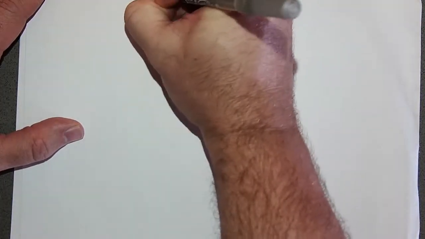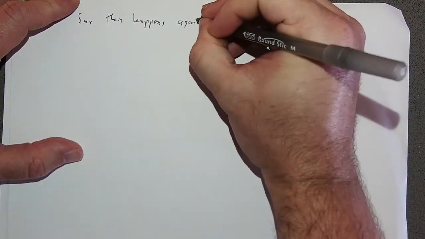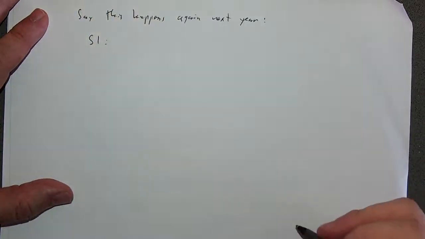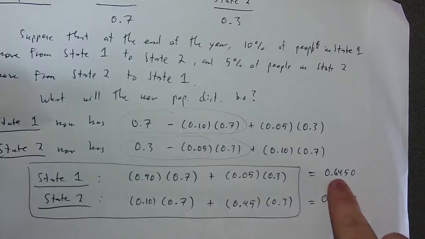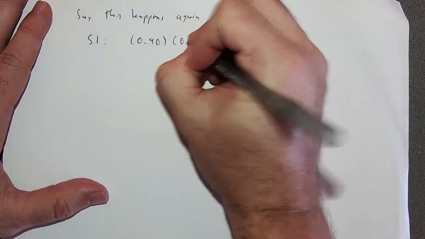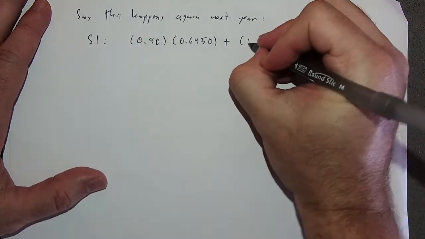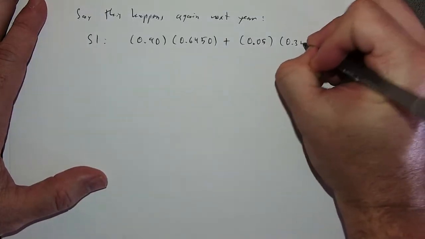So say this happens again next year in exactly those same proportions, so that state 1 now has 90% of the previous population of state 1, which is this 0.6450, plus 5% of people from the new population of state 2.